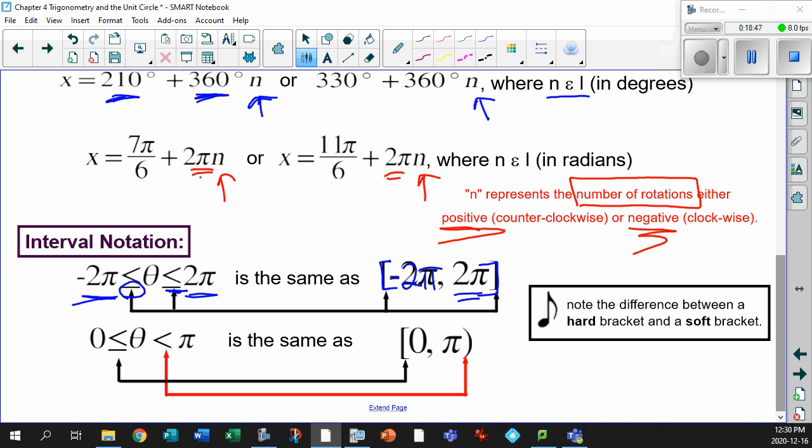Kind of interesting. Or are we restricting this domain to, let's say, something that looks like this? Then we'll have to go hard bracket here, of course, because we're including the 0, soft bracket to pi. It all depends on the question and how they're going to restrict the domain. Lots of info for an intro, hey?